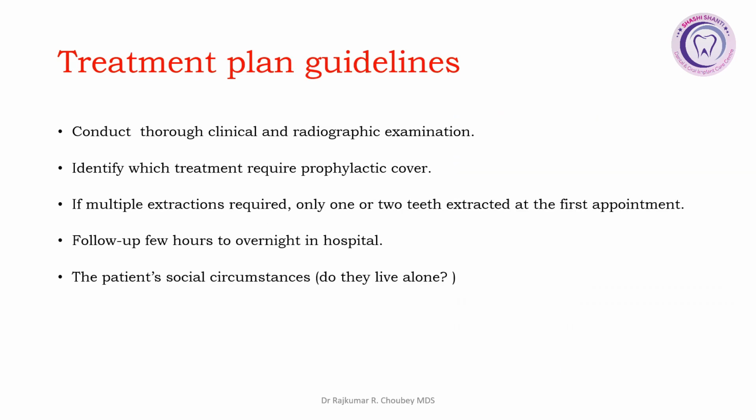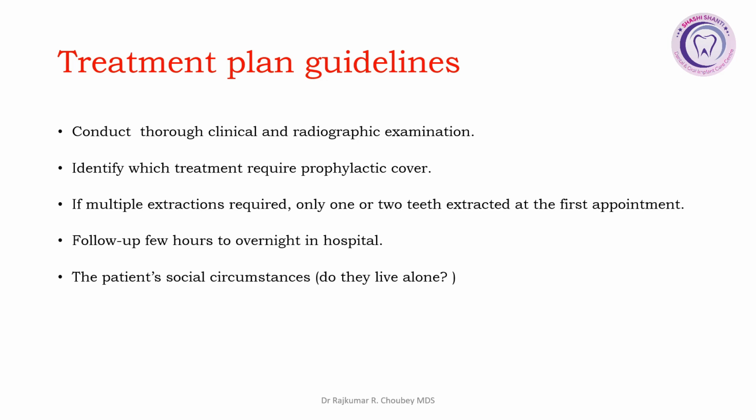There is a guideline. Just do the clinical examination, take the history, do the radiographic examination, and do prophylactic cover. If multiple extractions are required, do one or two extractions. Do a follow-up overnight for the patient. For the occurrence of bleeding, just examine whether bleeding occurs or not by extracting one or two teeth. Ask the patient about social circumstances, like how they live, whether alone or with family members.